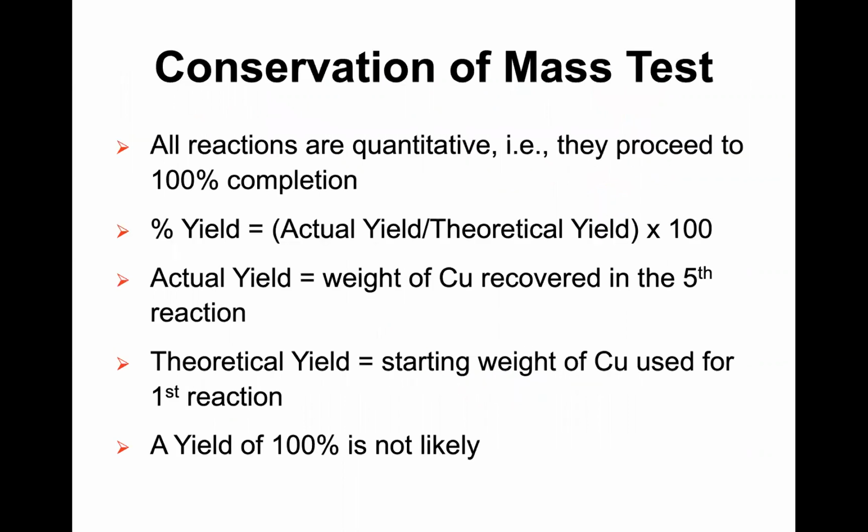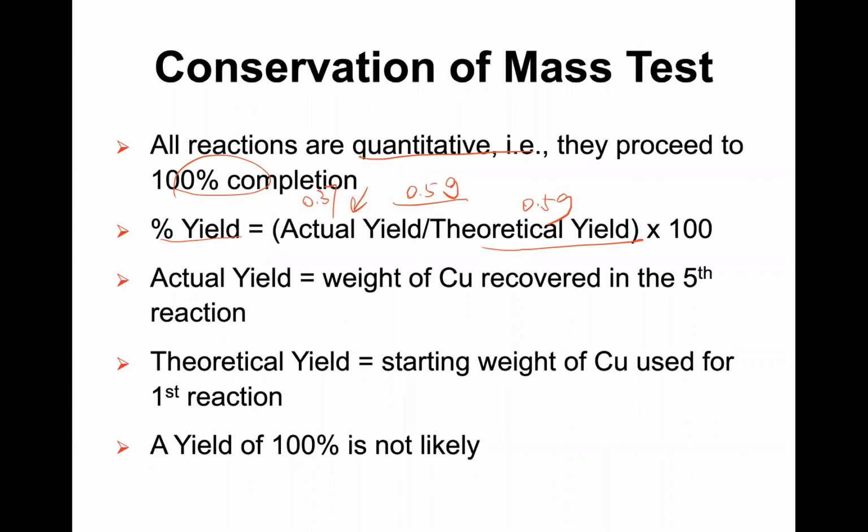Here you see, we assume all reactions are quantitative. That means they are 100% complete. So we can calculate yields, the actual yield over the theoretical yield. For example, you start with 5 grams of copper. The theoretical yield, you should have 0.5 gram as well. But for the actual yield, you may have 0.37. In this case, you can calculate the yield, right?